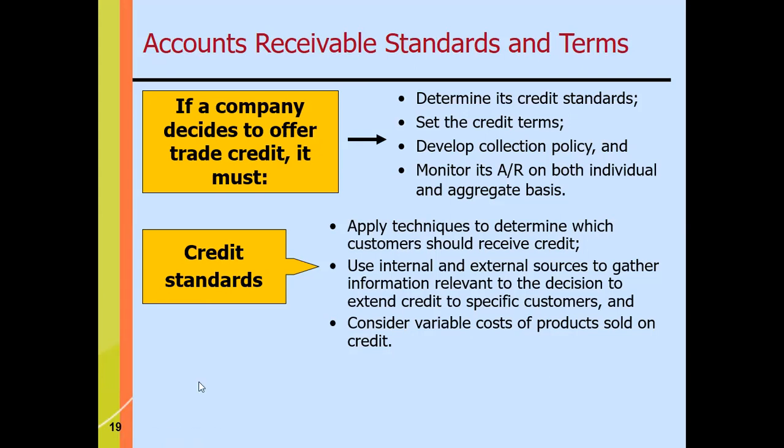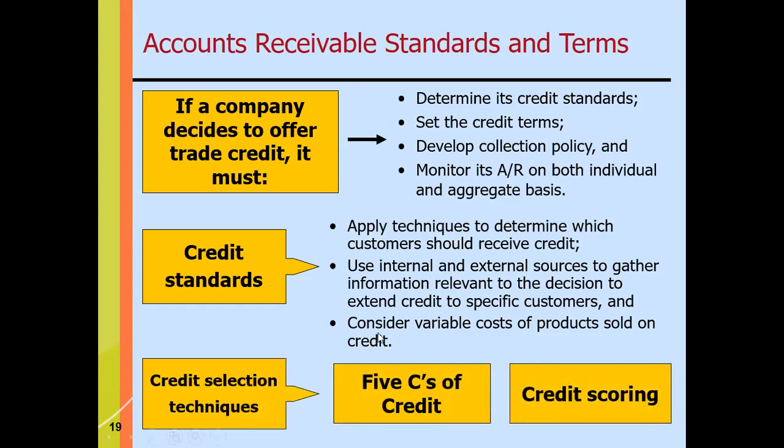And then variable costs are to be considered only for products sold on credit, because these are the differential and incremental costs that would vary should we extend our sales on credit terms. Unlike fixed costs, which remain fixed no matter what we do. They would not change depending on any decision.